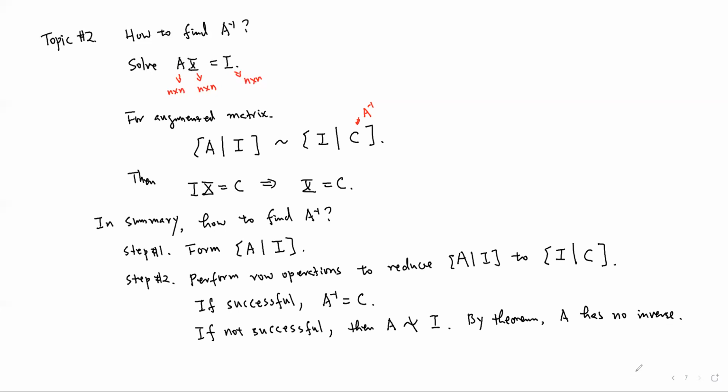We don't need to find its inverse. So stop here. If A cannot be reduced to I, A has no inverse.